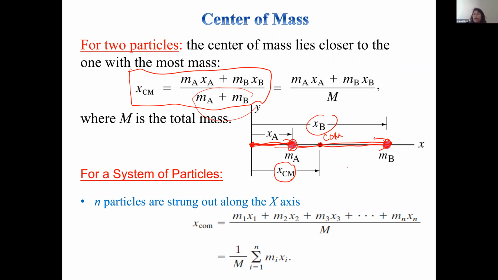But if you have many masses, what you're going to do is still the same process. You keep adding mass times distance and then divide by the net mass. So this is true for any axis, x-axis, y-axis, z-axis, it will be exactly the same way. You just need to use the coordinate distance x and y accordingly.